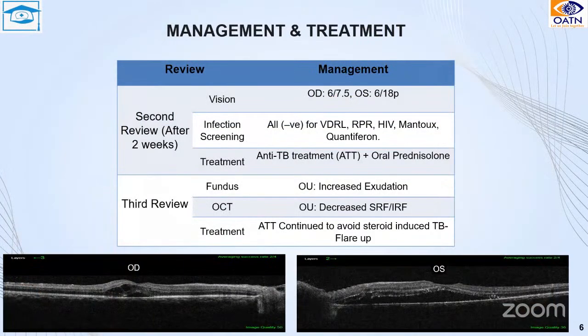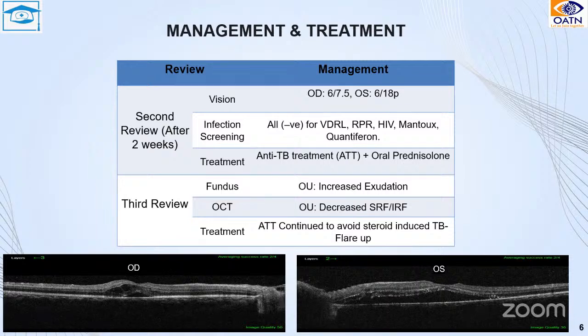When the patient came after 2 weeks for a second review, we can see that vision has improved to 6/7.5 in the right eye and 6/18 in the left eye. Infection screening such as venereal disease research laboratory test, rapid plasma reagin test, human immunodeficiency virus test, Mantoux test, and QuantiFERON test were all negative.